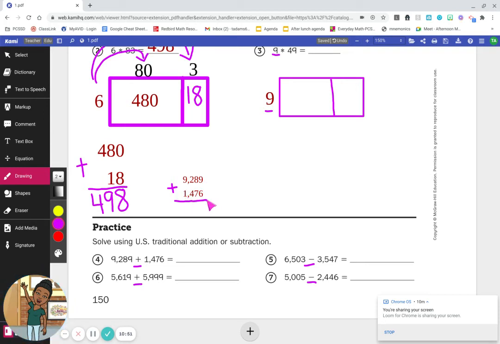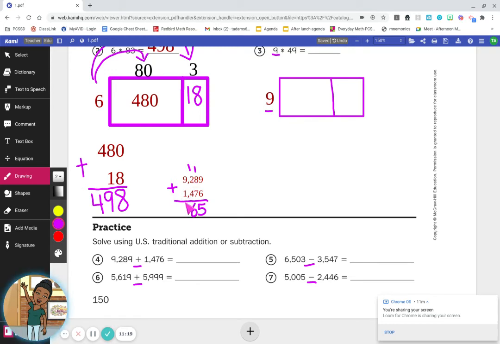What is 9 plus 6? 15. I'm carrying my 1. What is 1 plus 8? 9. And what is 9 plus 7? 16. 1 plus 2? 3.